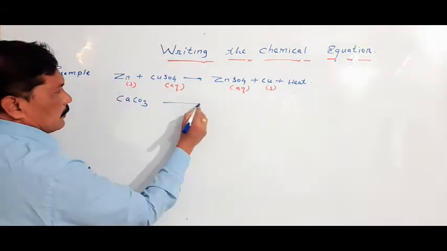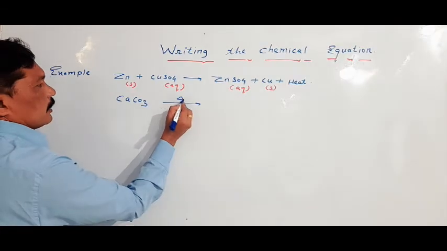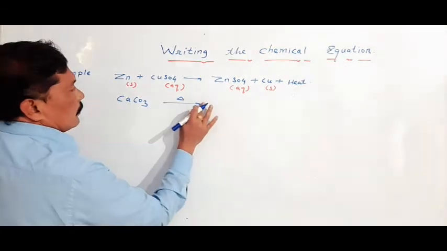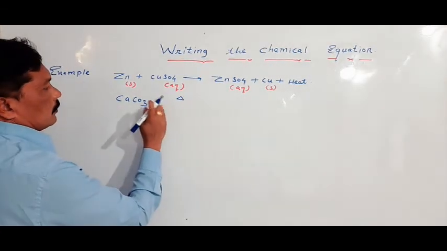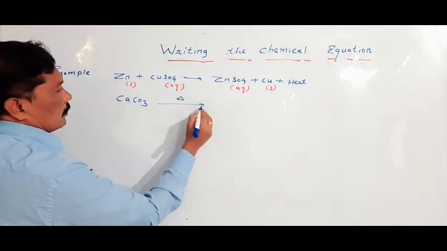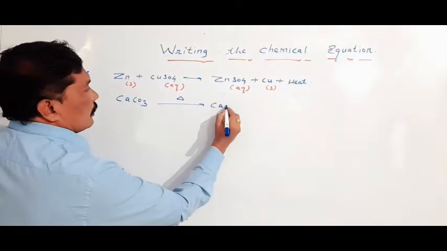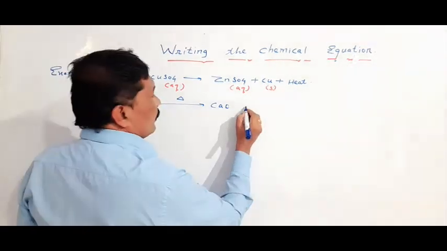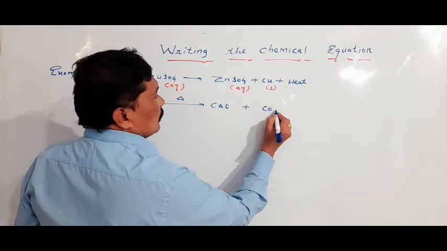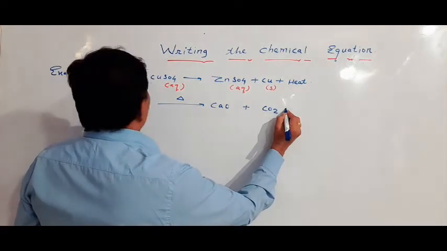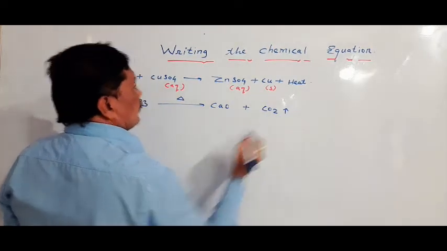Calcium carbonate, when heated, gives calcium oxide plus carbon dioxide gas is given out.